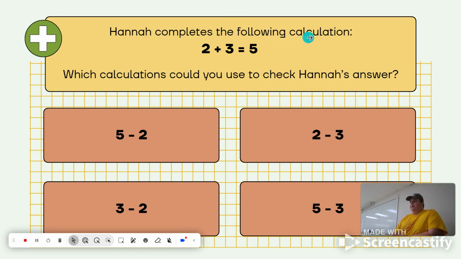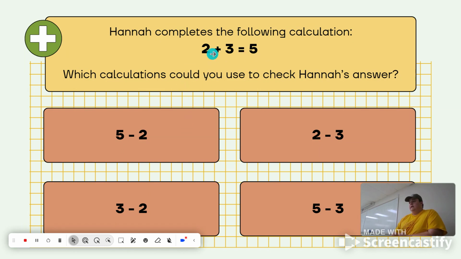So Hannah completes the following calculation: 2 plus 3 equals 5. Which calculations could you use to check Hannah's answers? So basically what this word problem does is it helps students identify inverse operations, but also helps them know that you can check answers that you get by using the opposite operations, inverse operations.